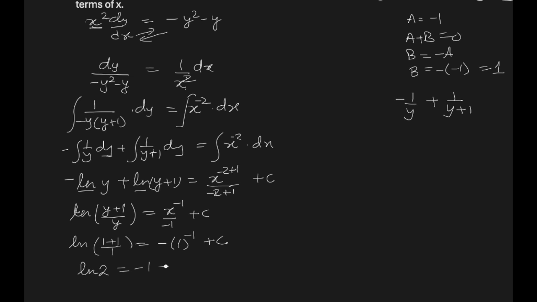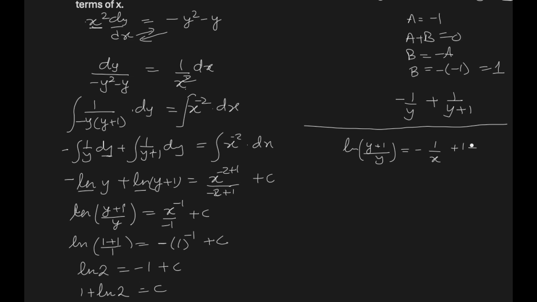So c becomes 1 plus ln 2. So we got our equation now: ln of y plus 1 over y equal to minus 1 over x plus c, and c is 1 plus ln 2.